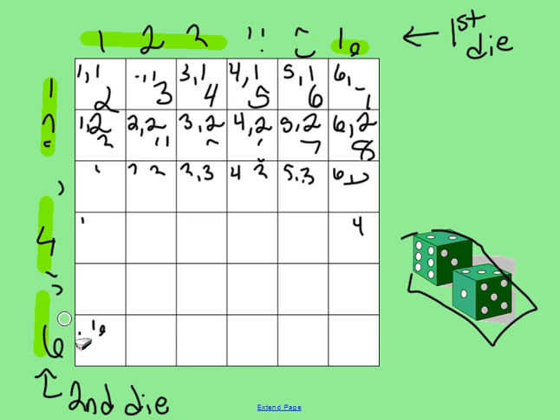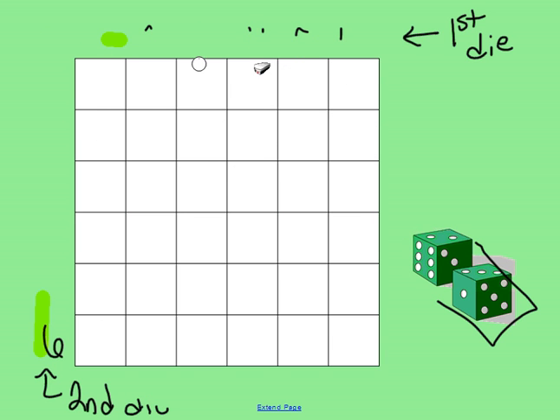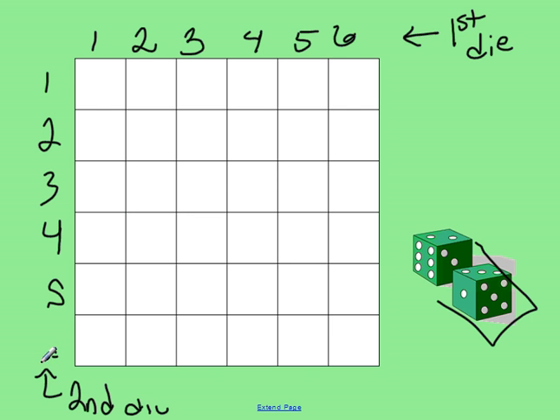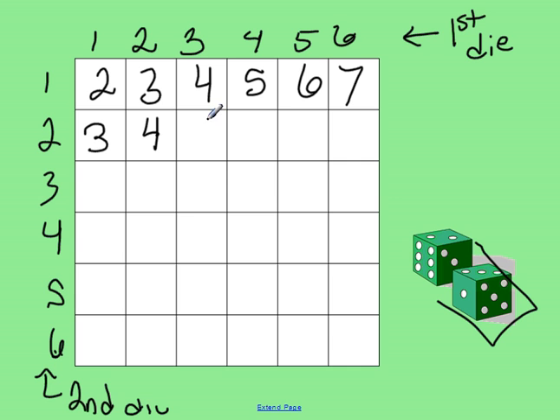Of course, my eraser is really awesome. Now you only have one dice chart on your paper, so you're just going to have to fill it in there as well. But there's some really nice patterns that happen. 1 plus 1 is 2, 2 plus 1 is 3, 3 plus 1 is 4. So this is just counting up. 2 plus 1 is 3, and that's going to count up. 6, 7, 8.